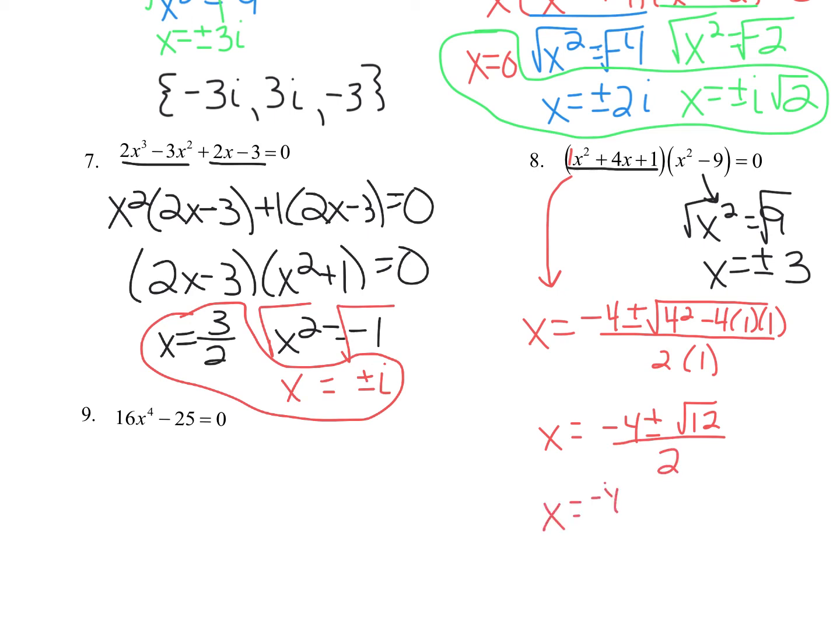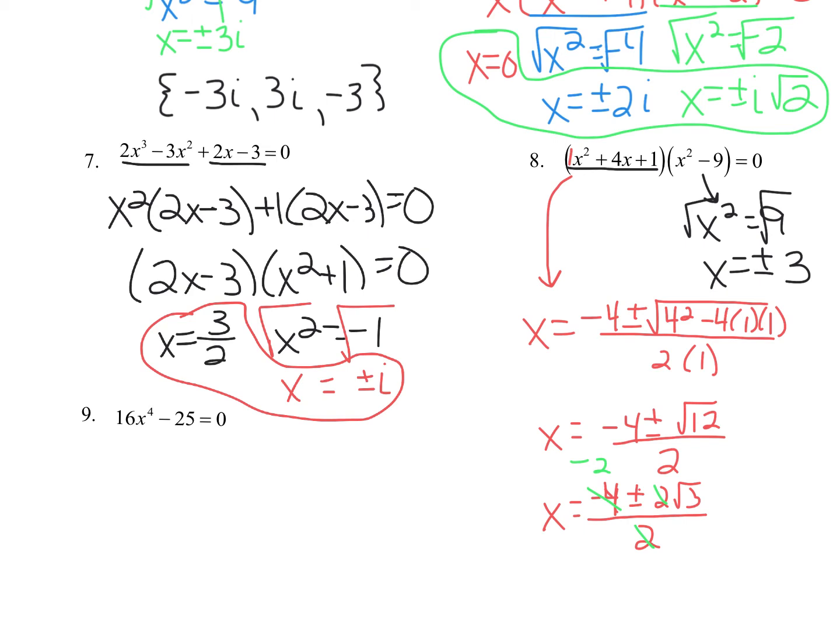Negative 4 plus or minus radical 12 is 4 times 3, so when I simplify the square root of 4, I get 2 radical 3. So I know I skipped a step there, but just wanted to save a little space. Then we can simplify, right? So I get negative 2 plus or minus radical 3, because those 2's cancel.